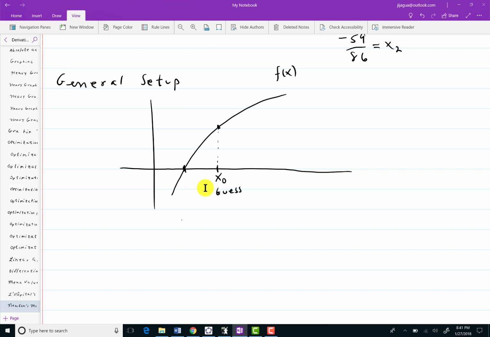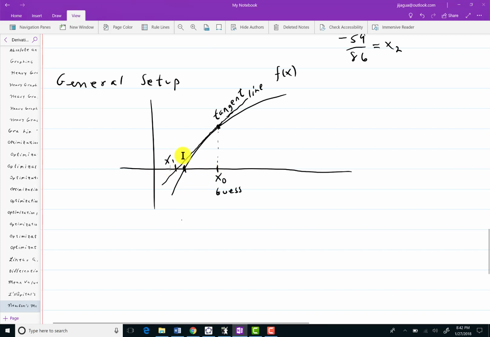And then draw a tangent line from that point and allow it to continue and strike the x-axis. That's the tangent line there. Now the new place where it strikes the x-axis we'll call x1. And you can see x1 should be closer than x0 was.